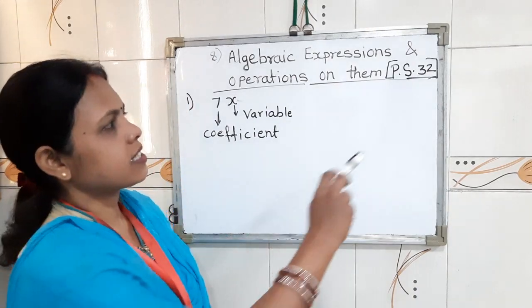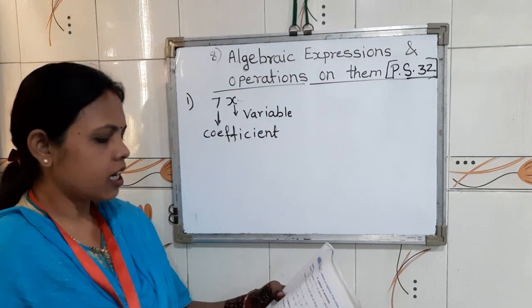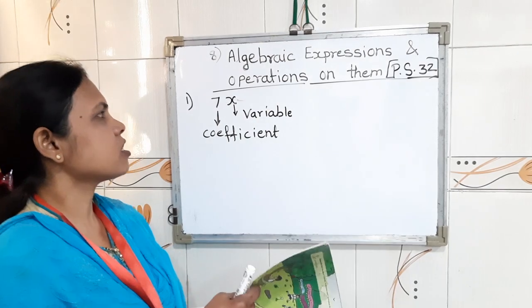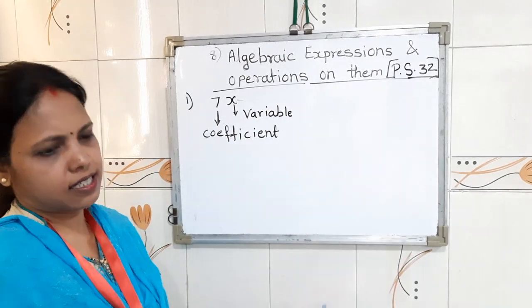In our exercise 32, question number one is given: 7x.